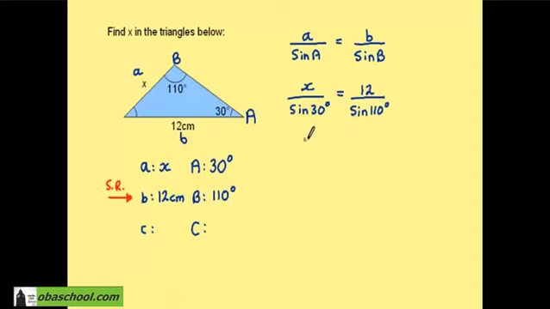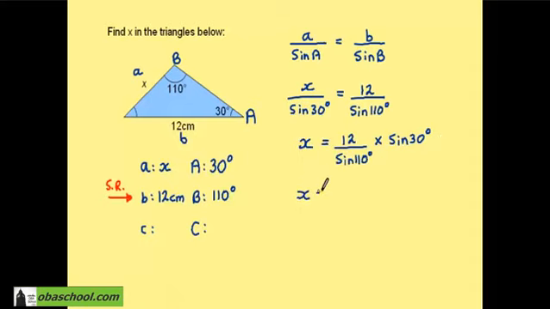We can rearrange this: multiplying both sides by the sine of 30 degrees gives 12 over sine 110 degrees multiplied by the sine of 30 degrees.